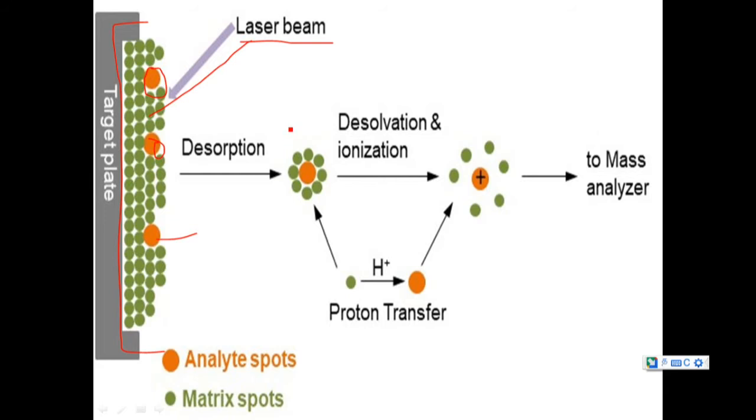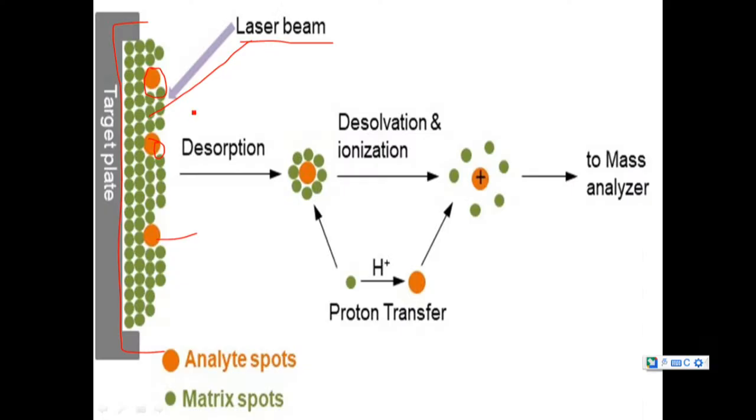So what will the laser beam do? This makes the protein desorb. As I told you, desorption is the antonym of adsorption. Adsorption is attachment, desorption is detachment. So with the help of the laser beam, the embedded protein molecules are desorbed from the matrix, right?